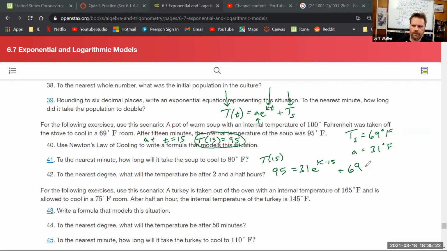Take a minute and figure out what K is. I want the exact answer first.